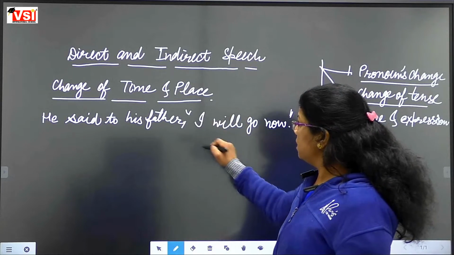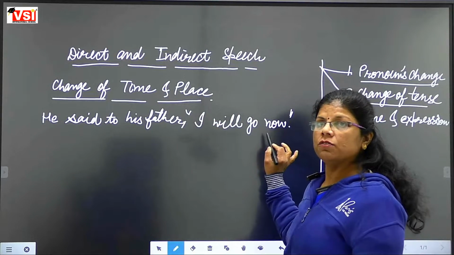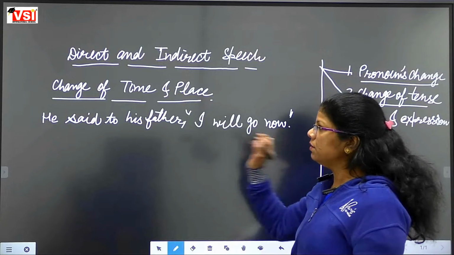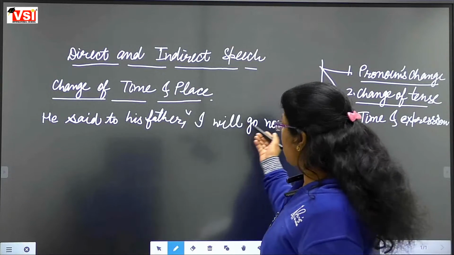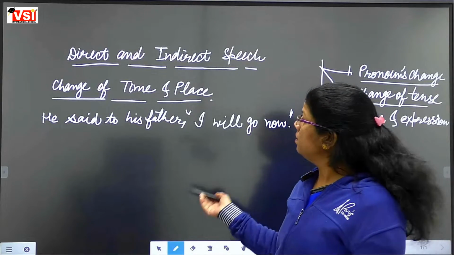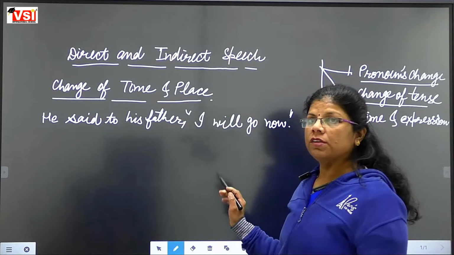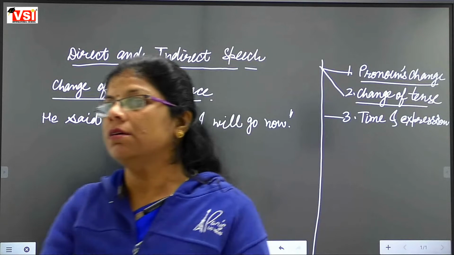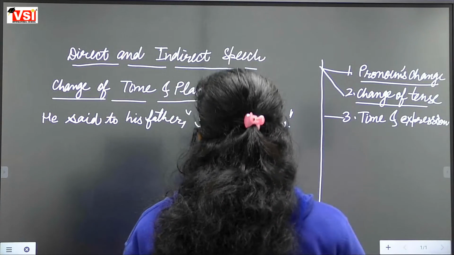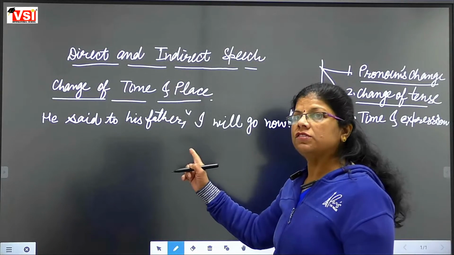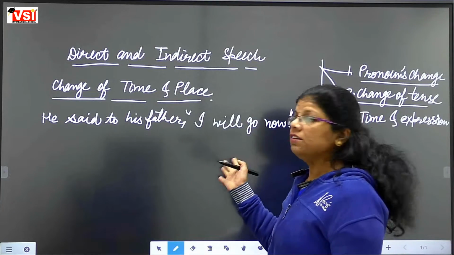Because this sentence contains the actual words of the speaker. I will go now, he said to his father. उसने अपने पापा से कहा कि मैं अब जाऊंगा. So these are the actual words of the speaker. That's why we can say that this is a direct speech sentence.